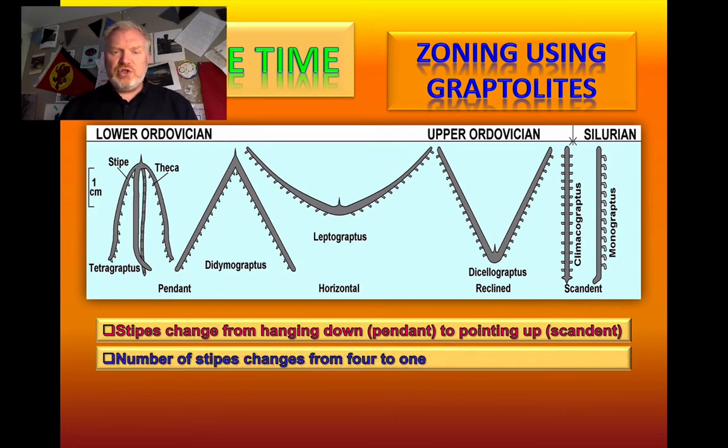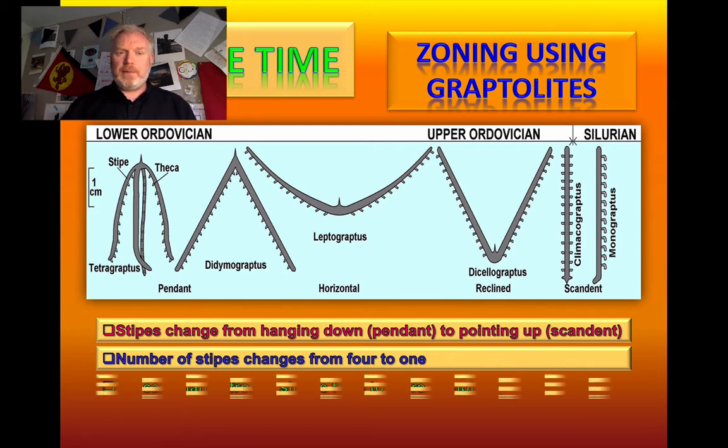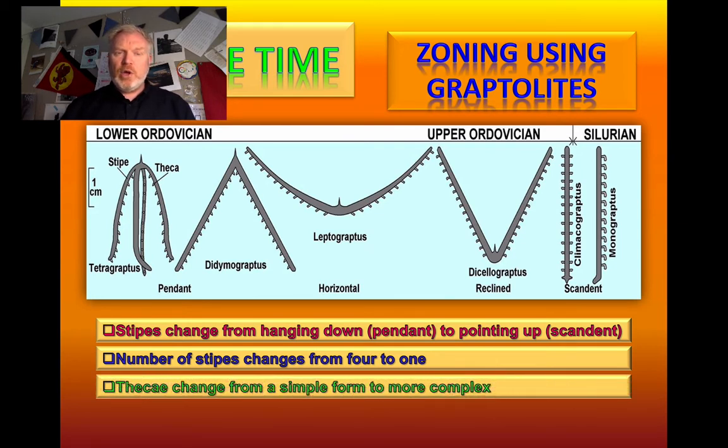The second change, and perhaps the most obvious one, is that the number of stipes decreases over time. We go from lots of stipes to 4 to 2 and eventually just to the 1 stipe. We also see the thecae changing shape.